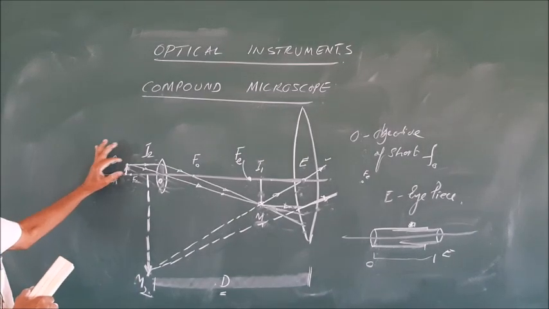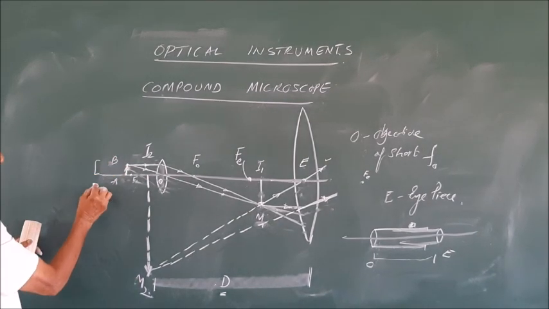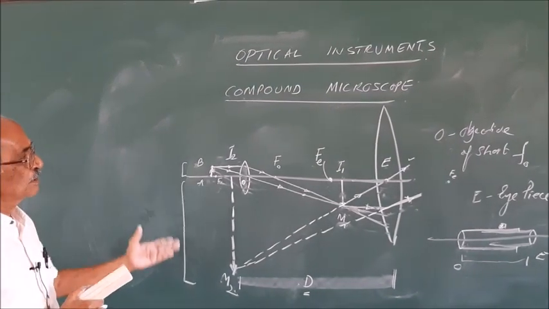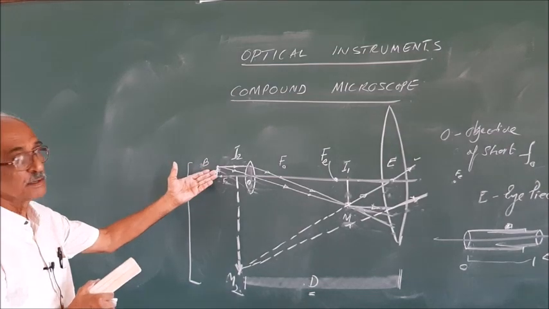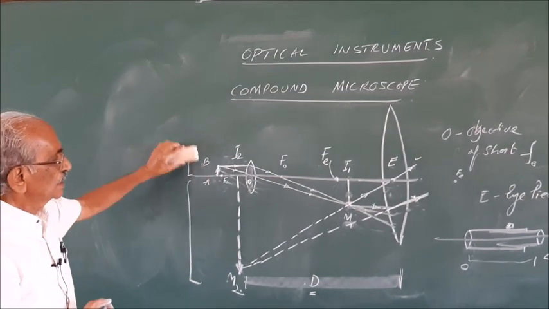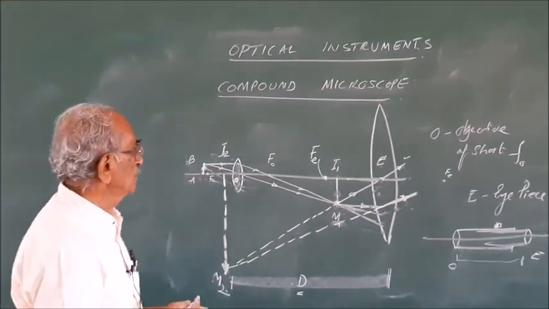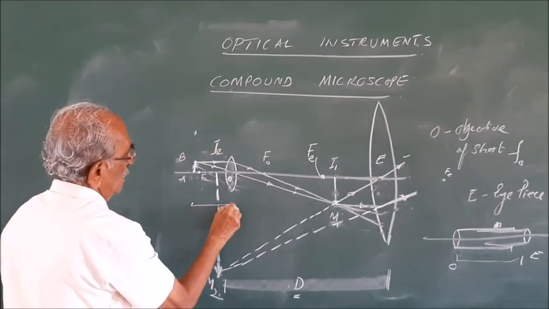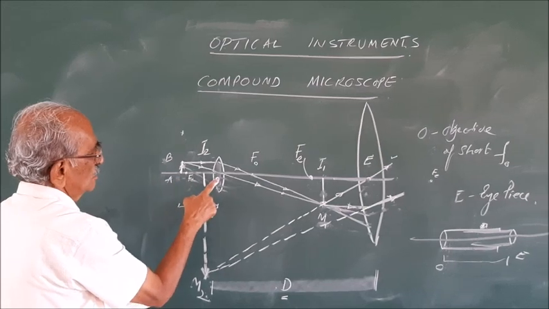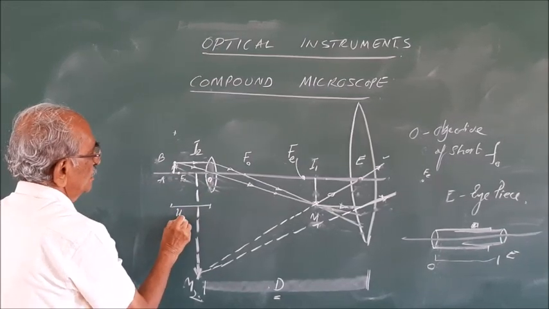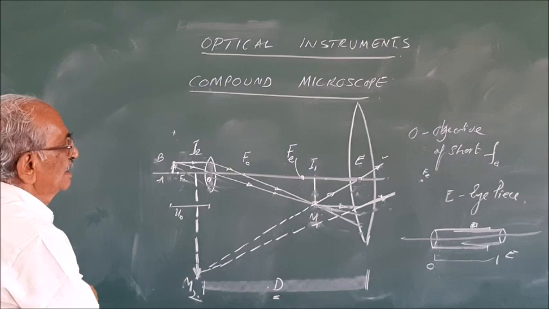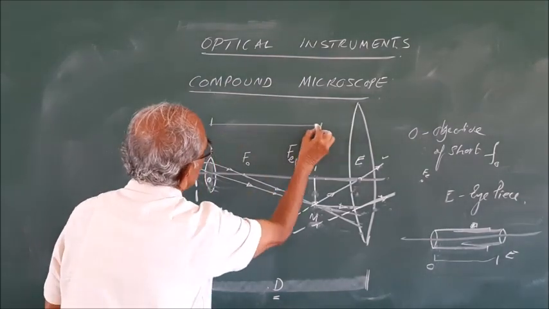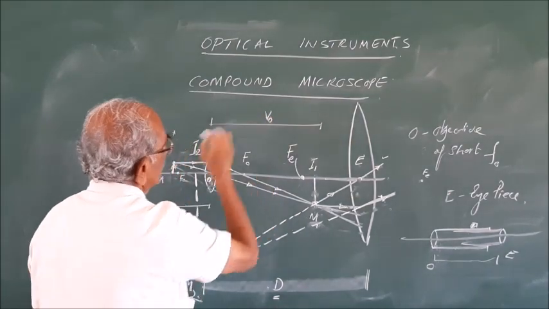So this is how it works. Observe here the size of the object and the size of the image. It is magnified many more times than the size of the object. We will derive an expression for the magnification. Now observe that this distance between the object and the objective, we will call UO. The distance between the objective and its corresponding image is VO.